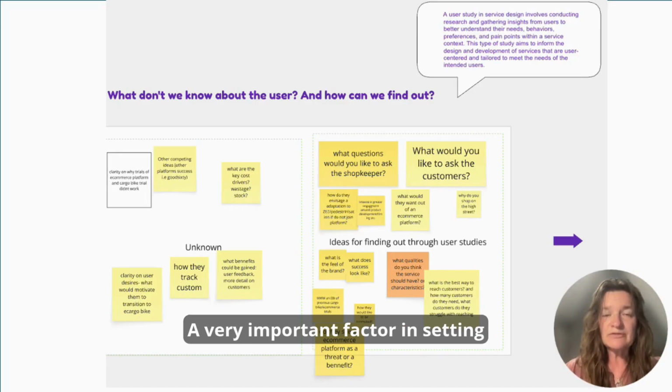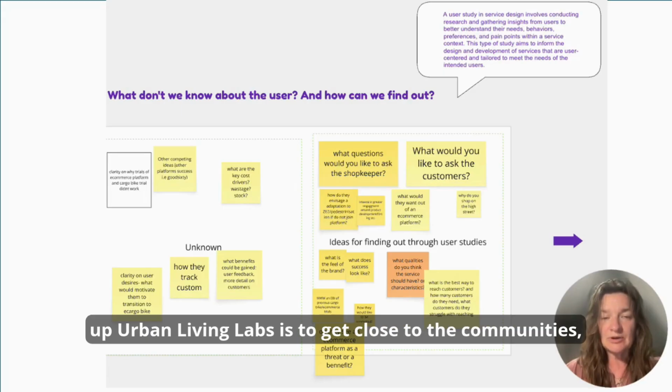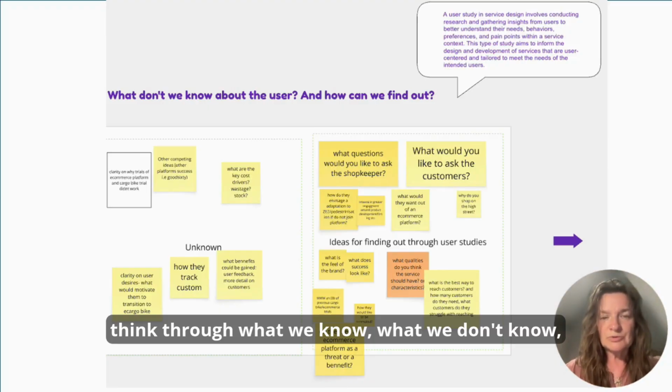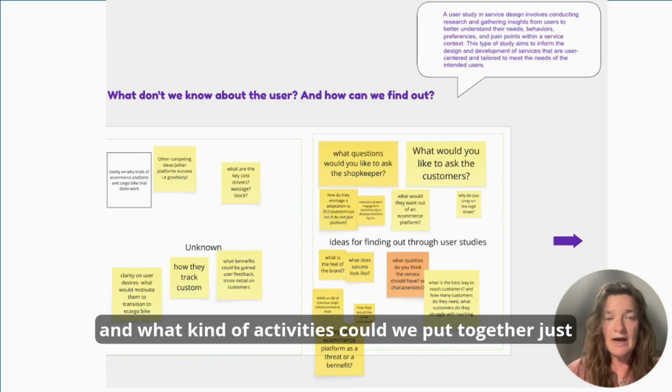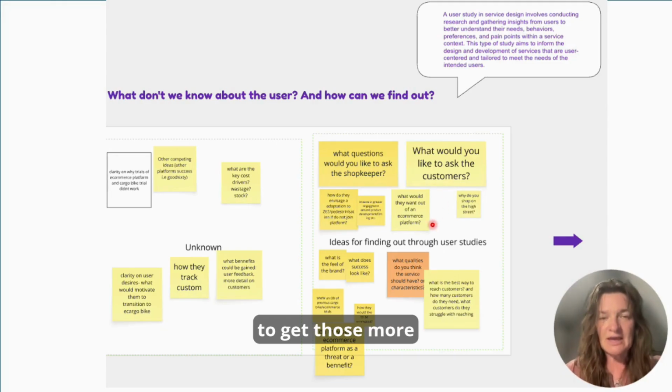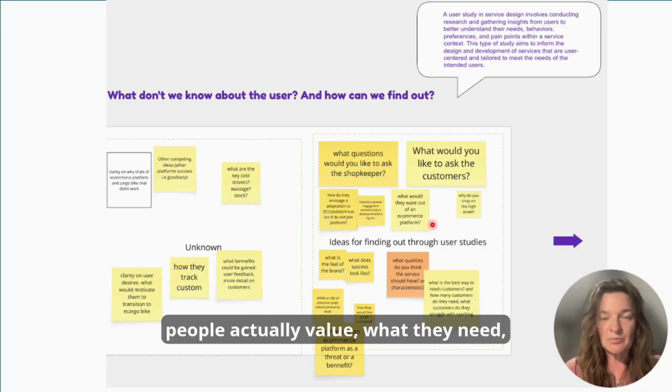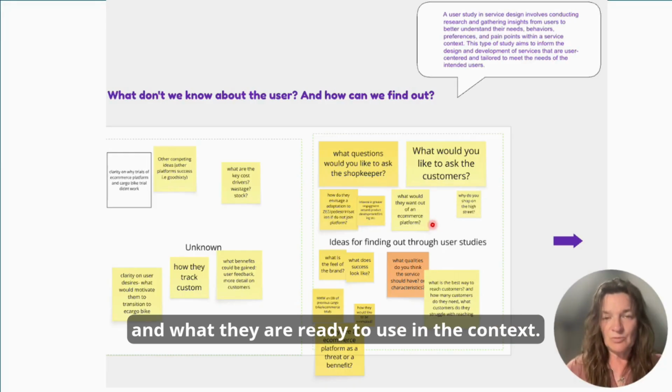A very important factor in setting up urban living labs is to get close to the communities, get close to the context, and really think through what we know, what we don't know, and what kind of activities we could put together to get more concrete ideas about what people actually value, what they need, and what they are ready to use in the context.